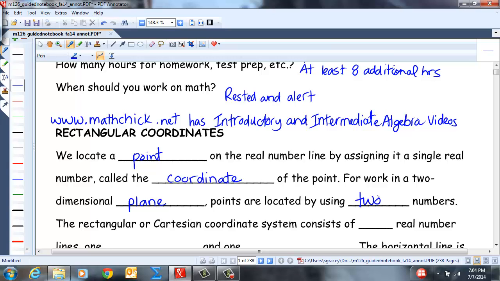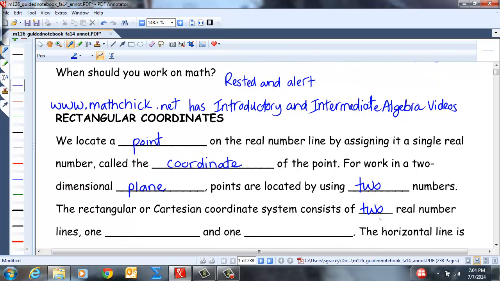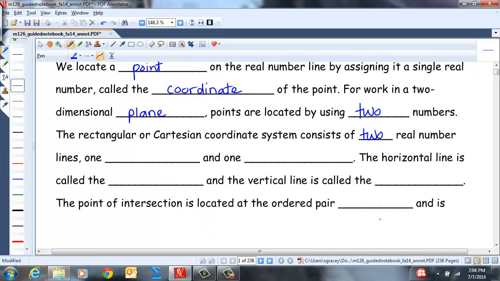The rectangular or Cartesian coordinate system consists of two real number lines. One of them is horizontal, and one is vertical.